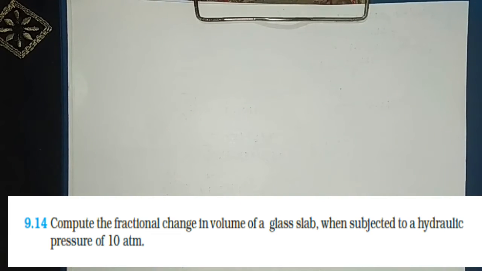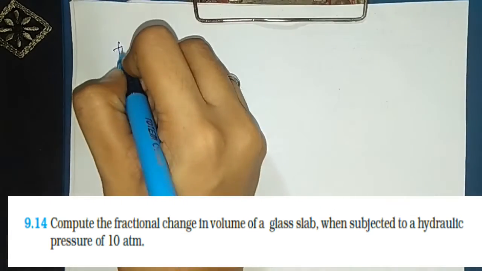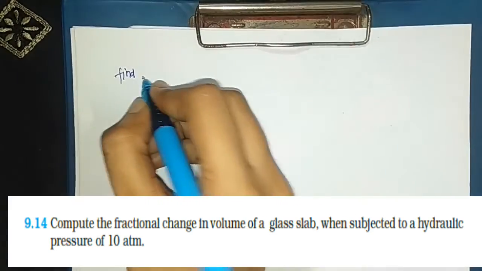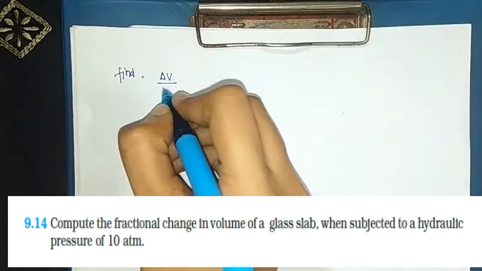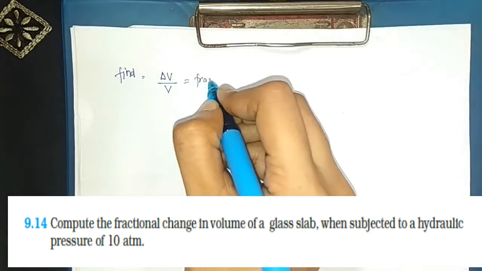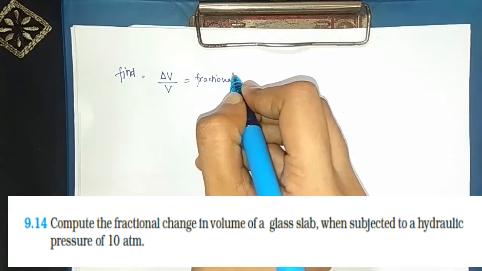Let's do the next problem, that is 9.14. What it says is to compute the fractional change in volume of a glass slab. So what does fractional change mean? We have to find the fractional change in volume, that is delta V by V, the change in volume divided by the original volume.